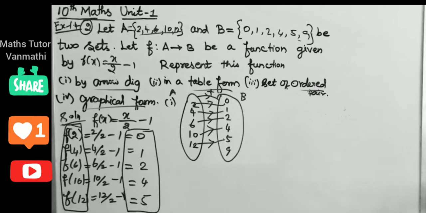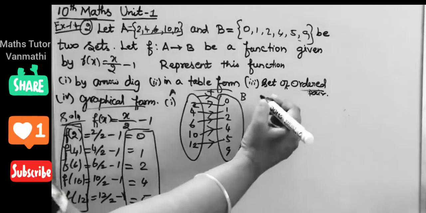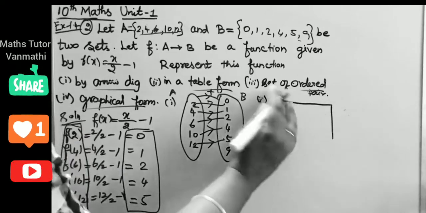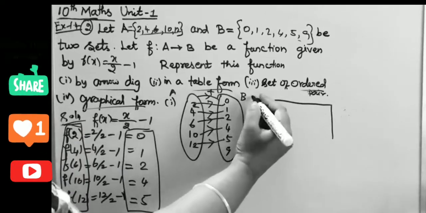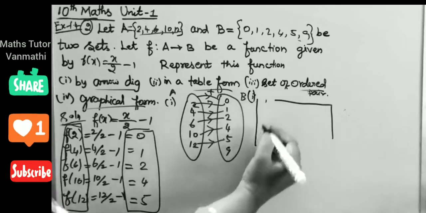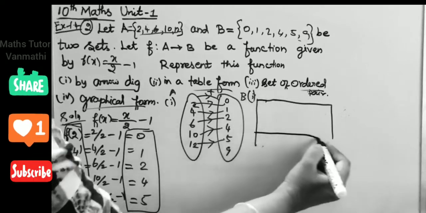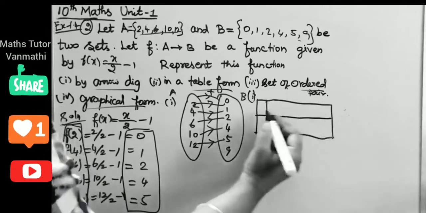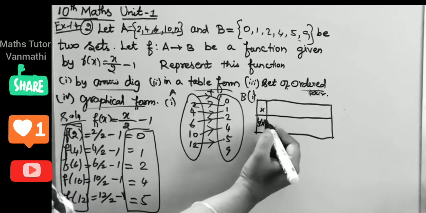Next, how are we going to represent it in table form? Table form. This is your x and this is your f of x.